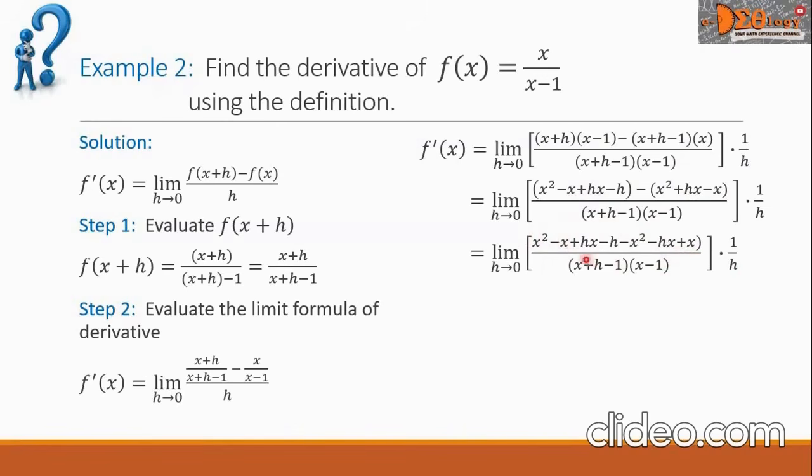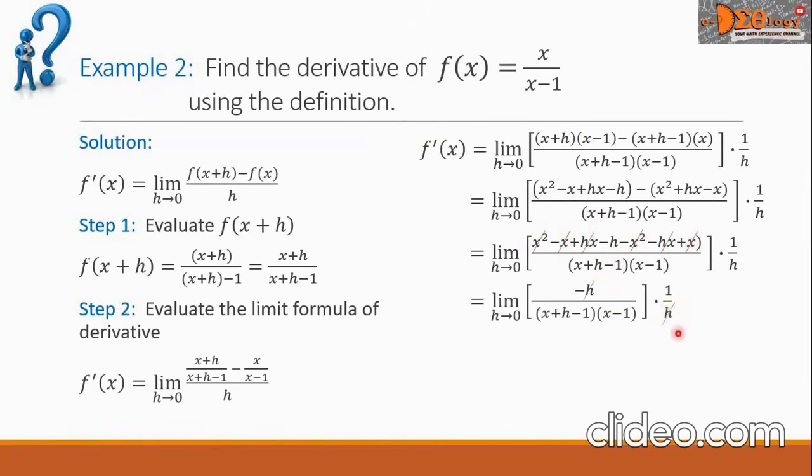The positive hx, and we have this negative hx. If we remove those terms, we can simplify our fraction here into simply negative h. This negative h in our numerator now and the h in the denominator can cancel each other.